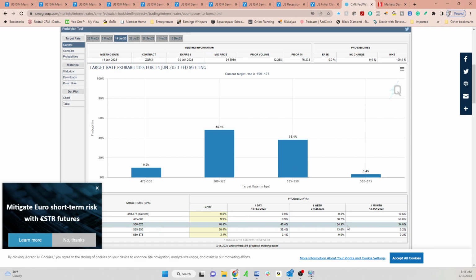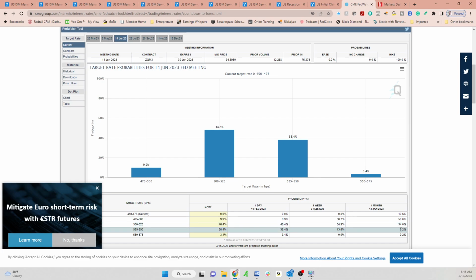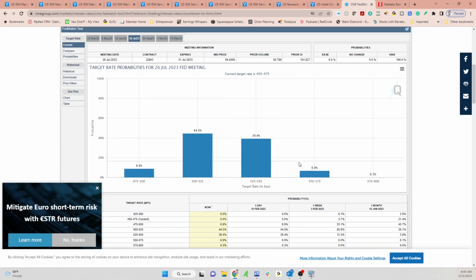Then you go all the way out to June, which a month ago was basically a pause, right? It was basically saying the Fed's definitely going to pause by June. Now there's actually a 38% chance they'll continue in June with another 25 basis points. And July, potentially a 7% chance they'll go again. So that's what the market is saying. I don't really believe this. I don't believe the Fed's going to go this high.